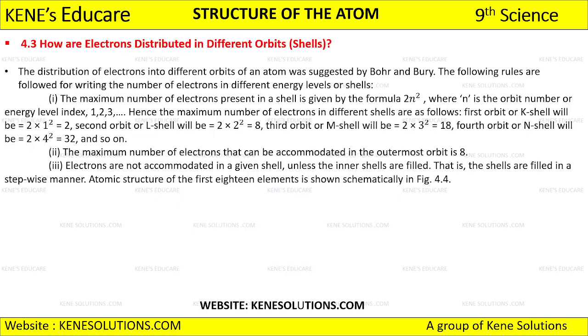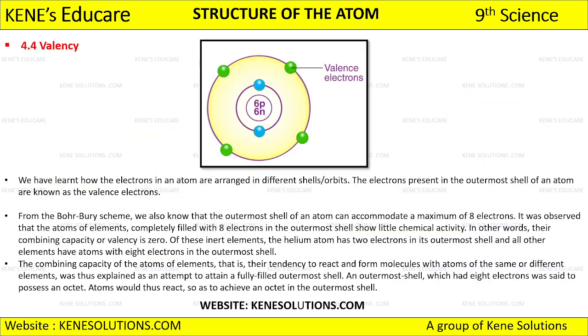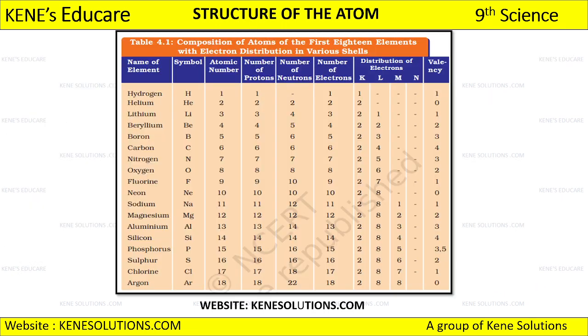Then we'll discuss how electrons are distributed in different orbits. Then we'll discuss valency in detail, what exactly valency is, and you should know about valency. This is the valency chart that we have.